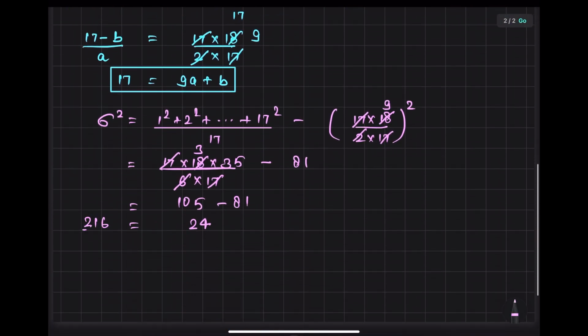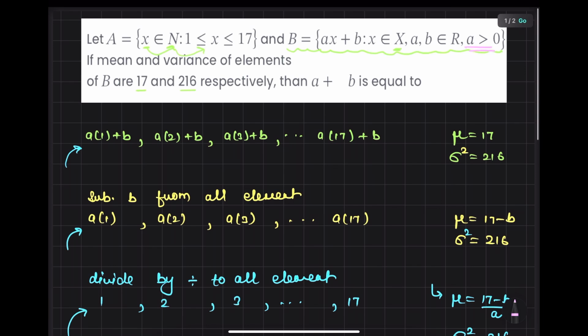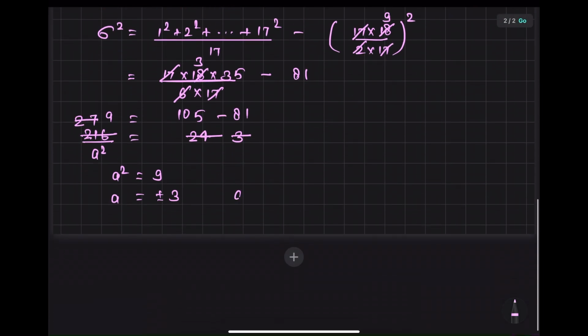Is that okay? Now let's do the simplification. 8 threes are 24, so we get 216 over a square equals 24. So a square equals 9, so a equals plus or minus 3. But they are saying that a is a positive number. So can I say that a equals 3?